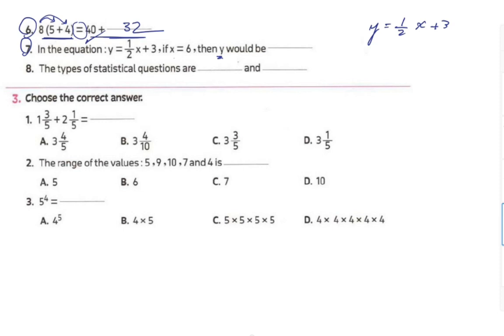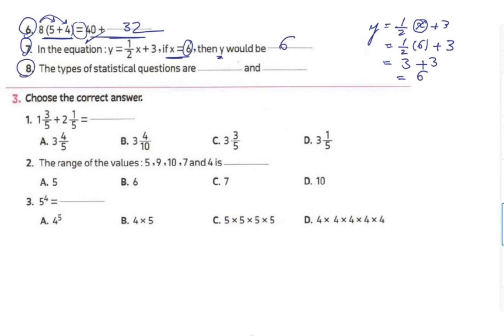He gave me the value of x, so I will delete this x and put 6. So y will equal half of 6, which is 3, plus 3. 3 plus 3 equals 6.